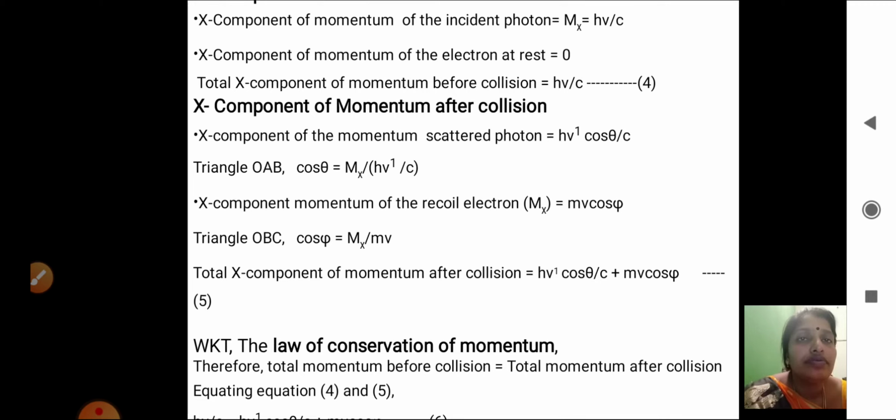For the x component of momentum before collision, the x component of momentum of the incident photon is h nu by c. The x component of momentum of the electron at rest equals 0. So the total x component of momentum before collision equals h nu by c. The figure shows the momentum diagram.